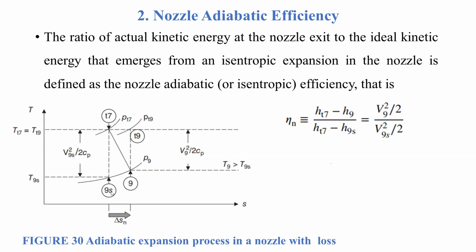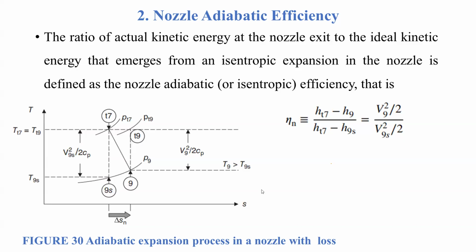9s is given here. This curve indicates P9, the pressure at point 9, that is, the exit pressure condition. Another curve is here: total pressure at 7 here, total pressure at 9 is here.